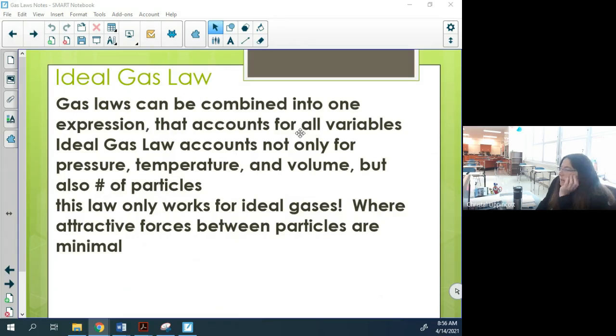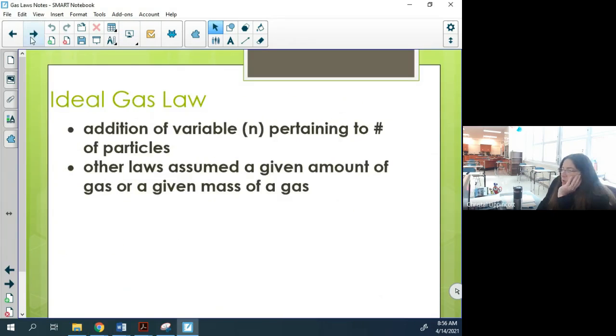Good. All right. So when we look at this, we're adding in that variable, which we call n. You will see it in many places along the way, and if you take AP Chem, you're going to see it in several different formulas. That's going to represent number of moles. You'll see that in mole fraction.